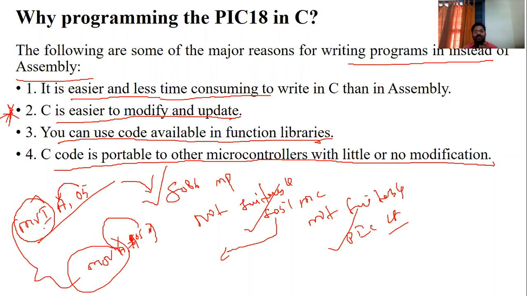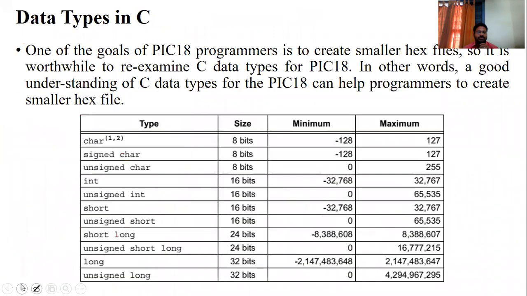But when you write code in C, even if the device changes, with little modification, or without any modification, we can use it on other devices also. So these are some of the reasons for using C programming for the PIC 18 controller.